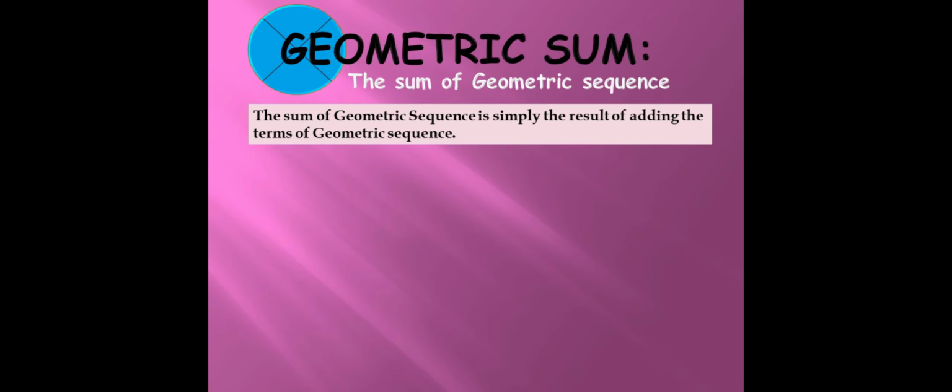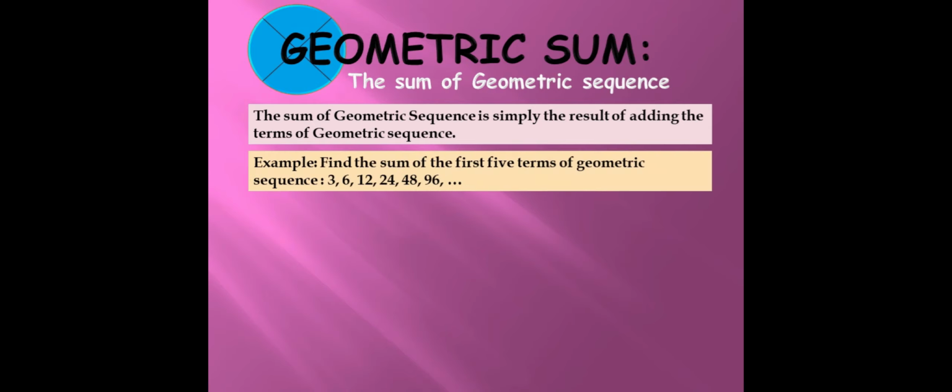ng geometric sequence. So, halimbawa, find the sum of the first 5 terms of geometric sequence 3, 6, 12, 24, 48, and 96. So, ibig sabihin, i-add natin itong mga term ng geometric sequence from 3 up to the 5th term, which is 48. So, we can write in notation as S sub 5.